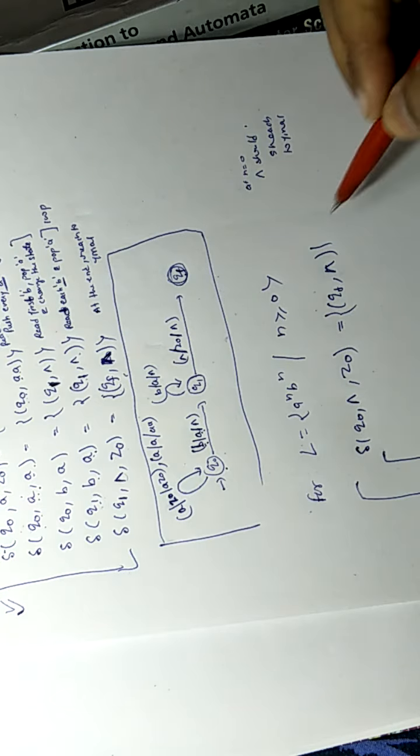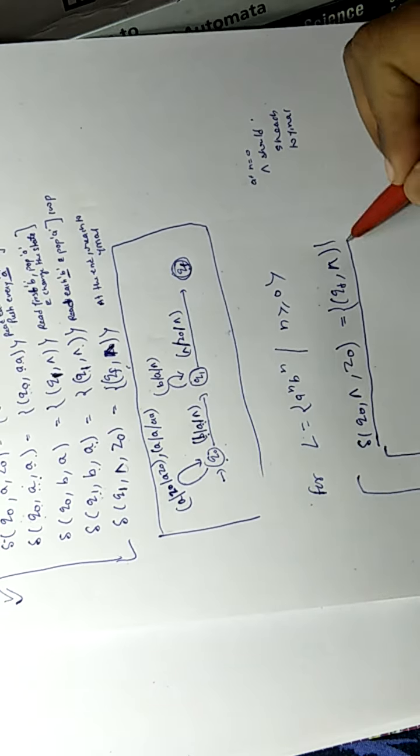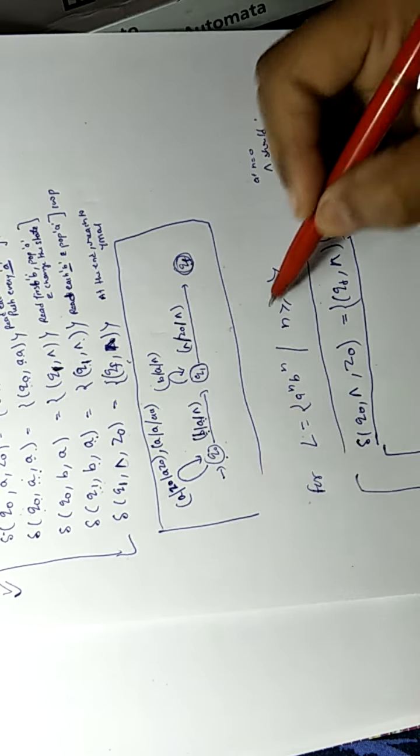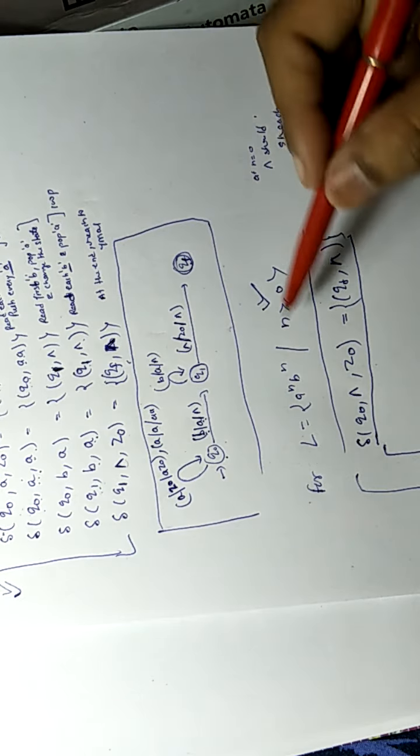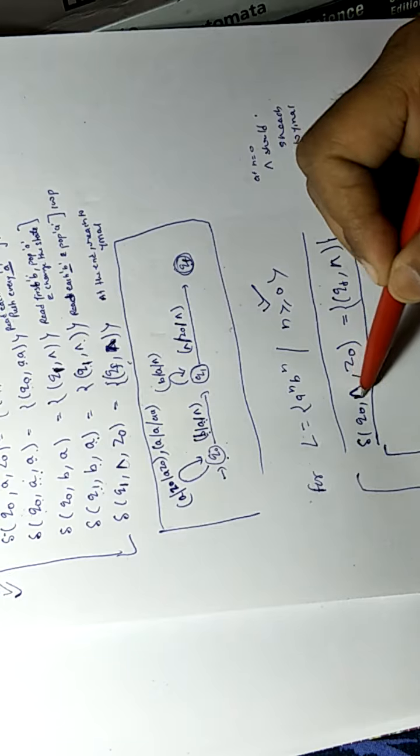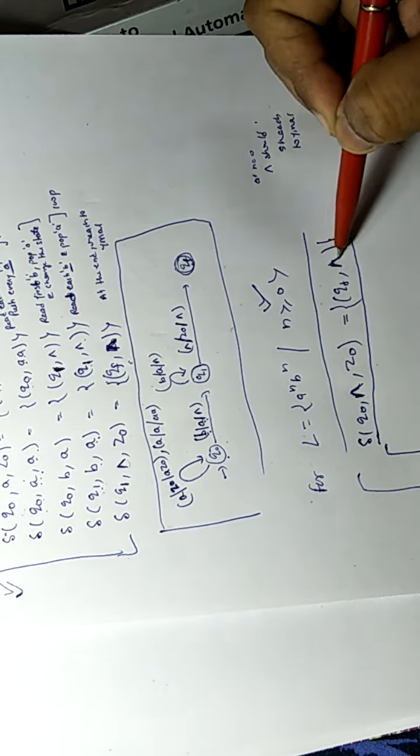So by adding this transition, all the other transitions will remain the same. By adding this line, the PDA will convert to n greater than or equal to 0, because epsilon or null should reach the final state from q0.